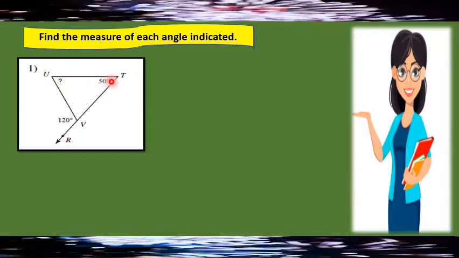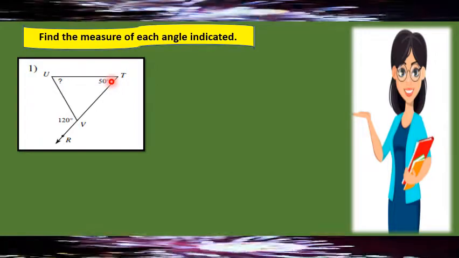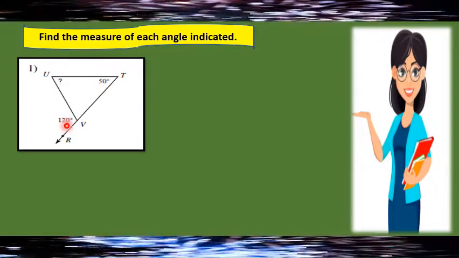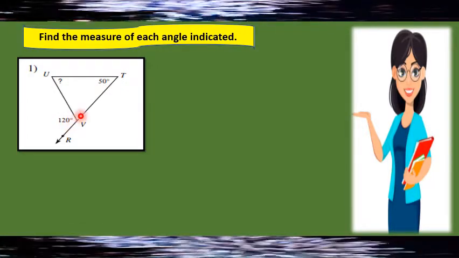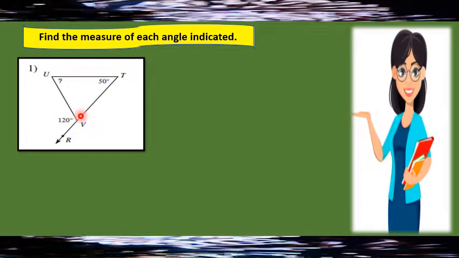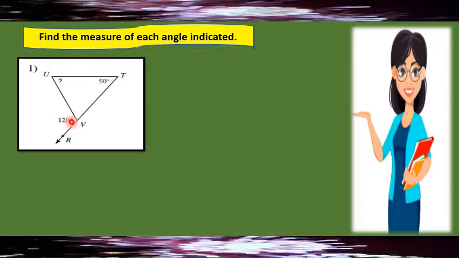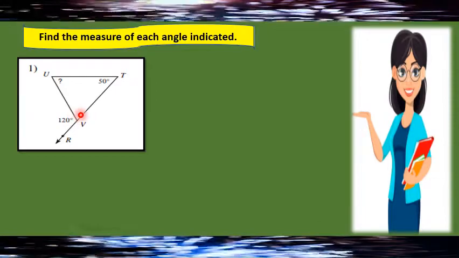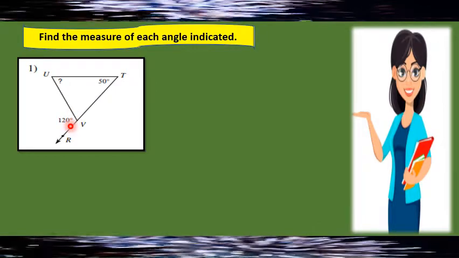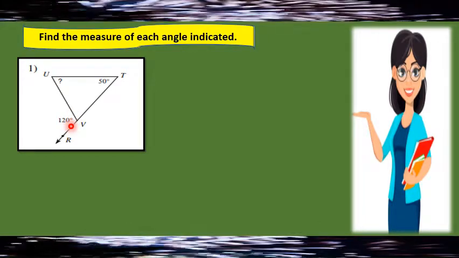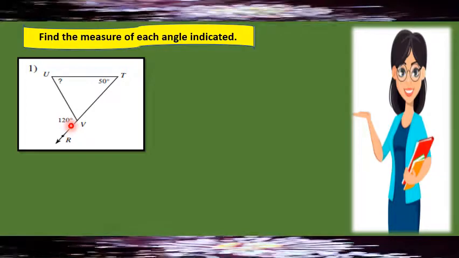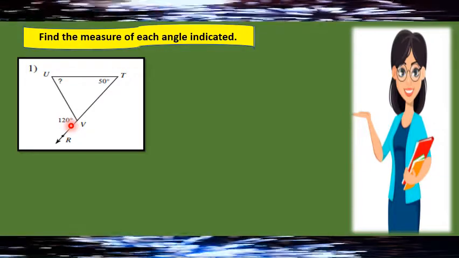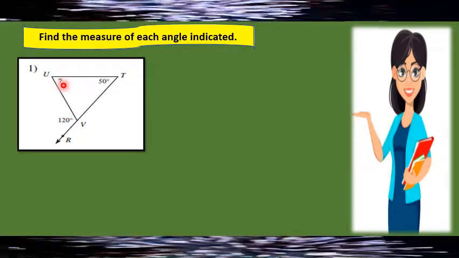Angle T is also a remote interior. This is the exterior. And angle V is the adjacent interior, near the exterior angle. So take note, angle V and angle R measure 180 degrees. The question is, the remote interior is the missing angle.